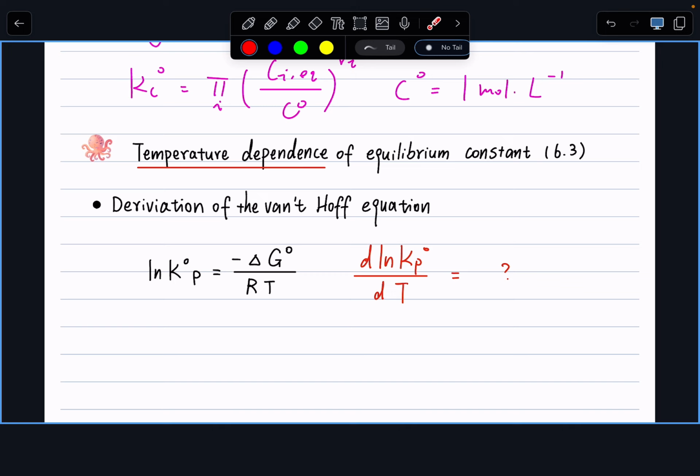Writing it out, we have delta G naught times d over dT of negative 1 over RT, plus negative 1 over RT times d delta G naught over dT.